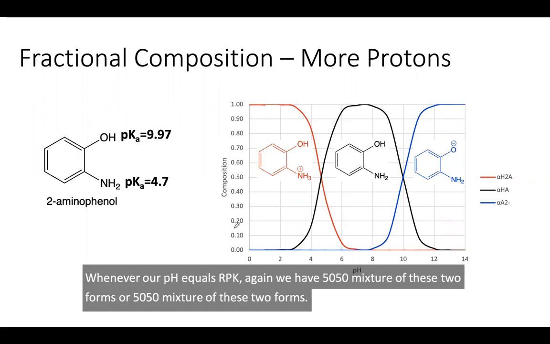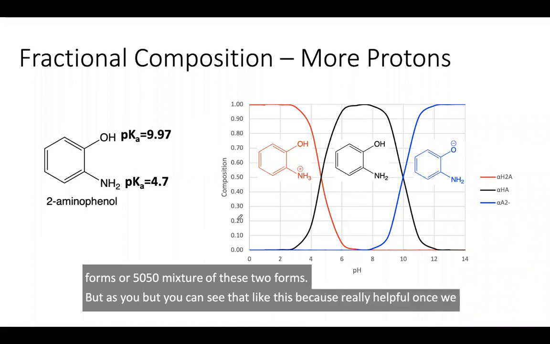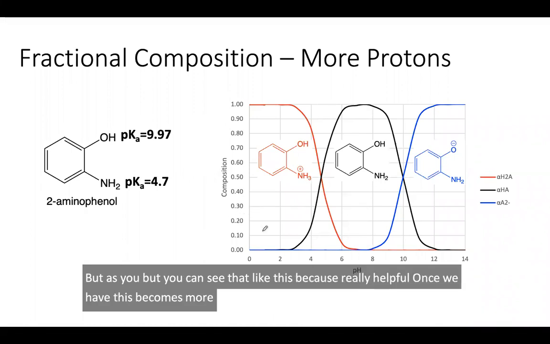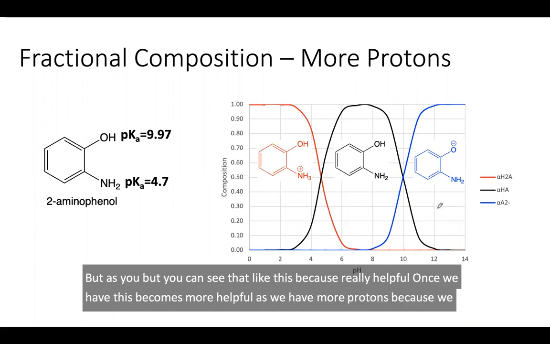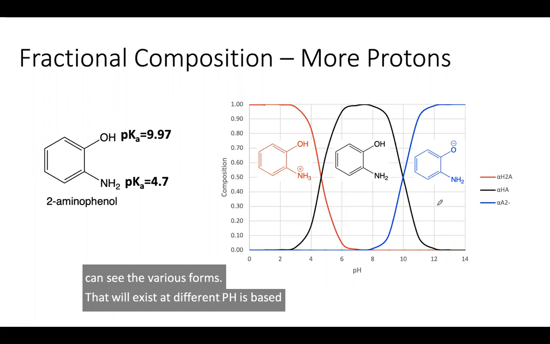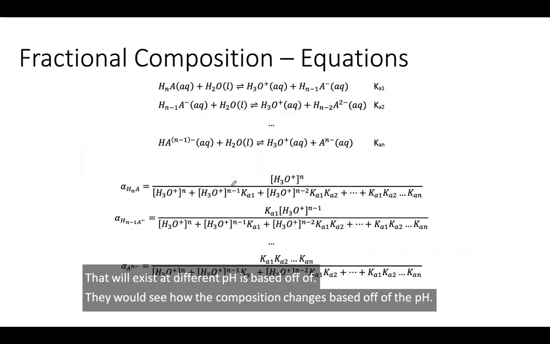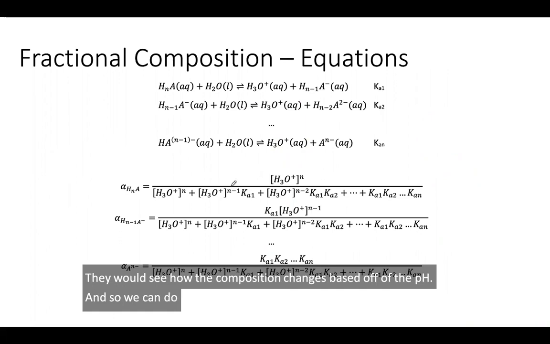But you can see that this becomes more helpful as we have more protons, because we can see the various forms that will exist at different pHs and how the composition changes based off of the pH. And so we can do this using these equations that are shown here.